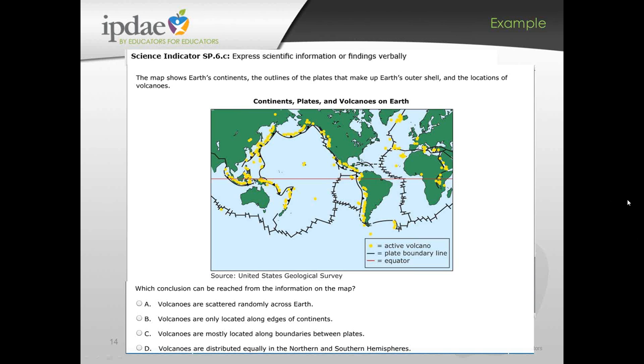So I may need some, but this is not where I'd have to be this in-depth expert on plates and volcanoes, but I really do have to be able to analyze what I'm seeing and draw conclusions from there. And the other thing is I guess I would need to know a little bit of vocabulary that a plate is not something I eat off of.